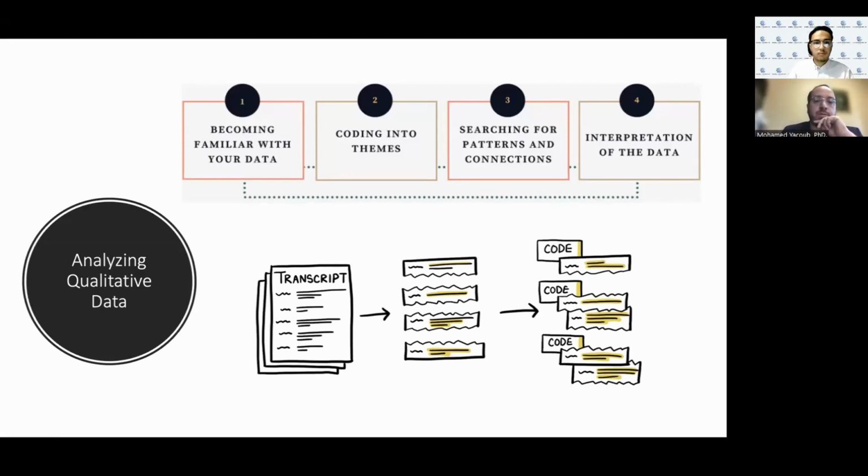Someone probably talking about fatigue or being tired. That would make up one code. Another participant would probably mention extra pay. That would make up another code if it's mentioned in another interview. So you come up with these codes, and usually you end up getting 50, 60 codes.